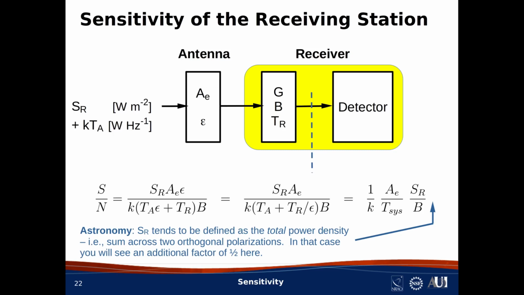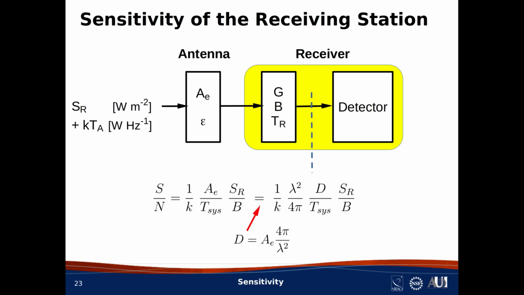Typically, the power in an astronomical signal is evenly divided between these polarizations. So if you look up this equation in an astronomy textbook, you'll probably see an additional factor of 1/2, with that factor of 1/2 accounting for the fraction of total power that you can extract from just one polarization of the antenna. Now, there's no paradox or inconsistency here. This is merely a matter of definitions, and something to keep in mind.